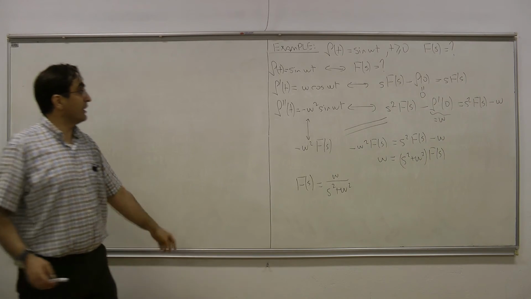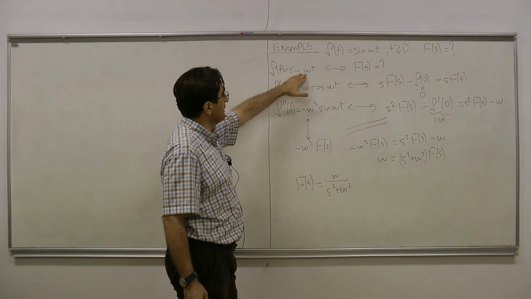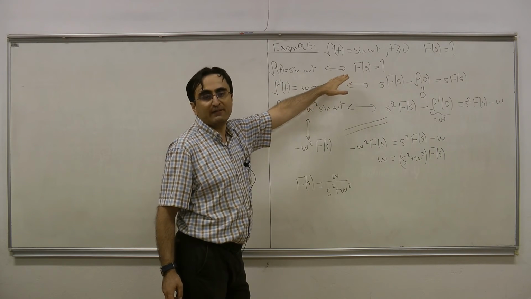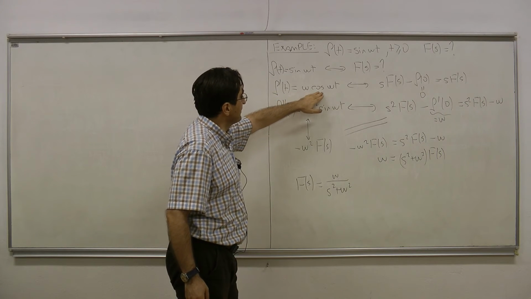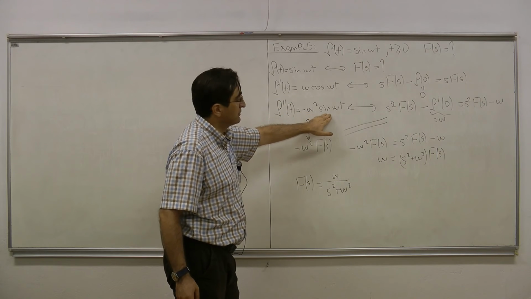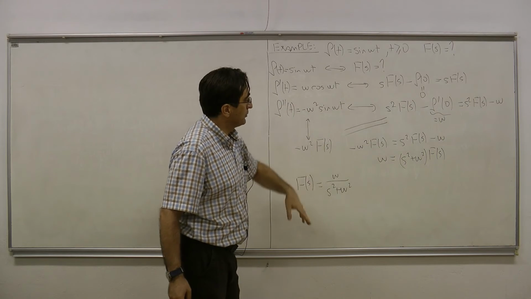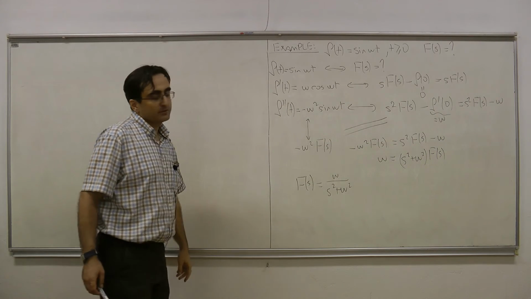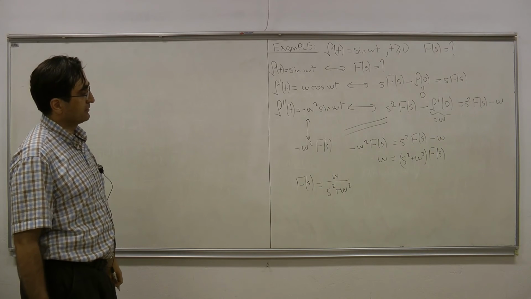Instead of sine omega t, I can start with cosine omega t and call its Laplace transformation F of s. And then I can take its derivative, which is going to give me minus sine here. And then I will take its derivative, which is again going to give me a cosine. Okay? And then I can use this type of idea to calculate the Laplace transform of cosine omega t. Please try to apply that as an exercise.